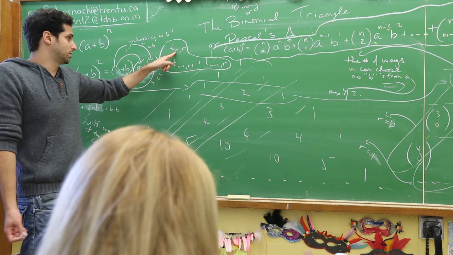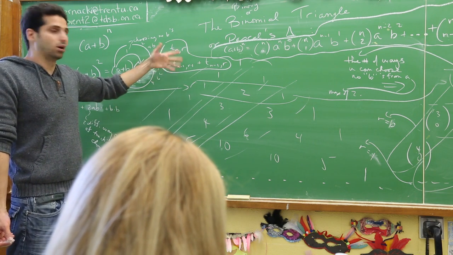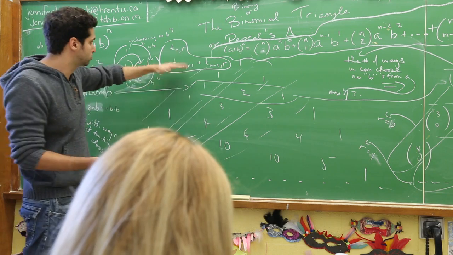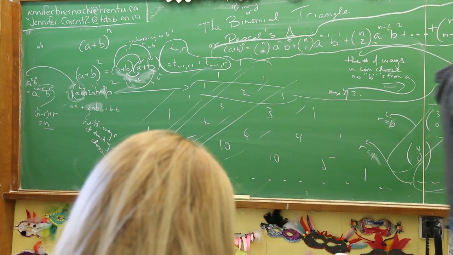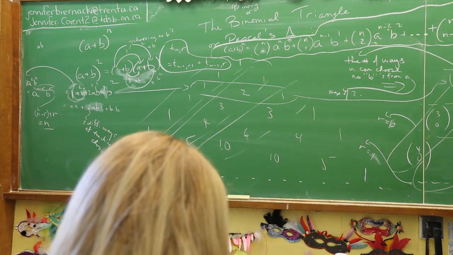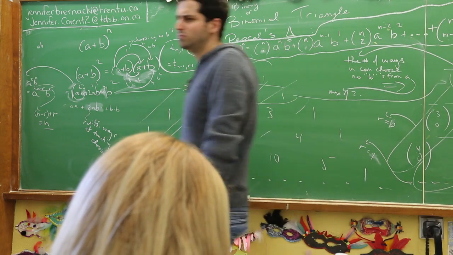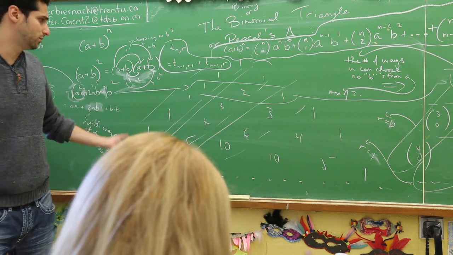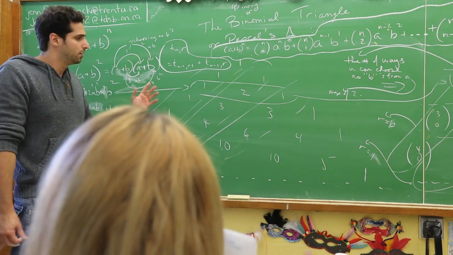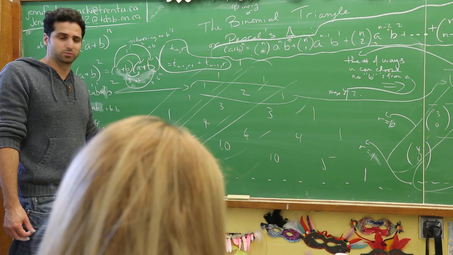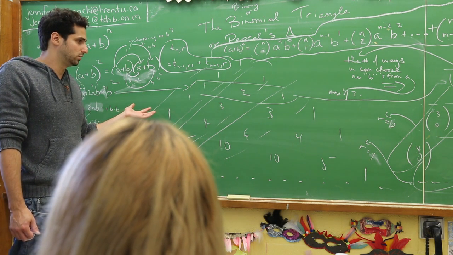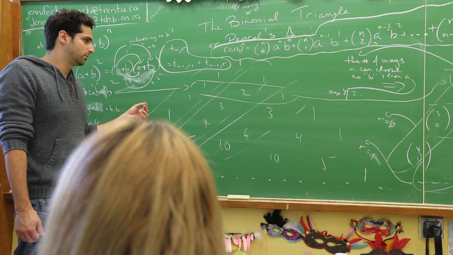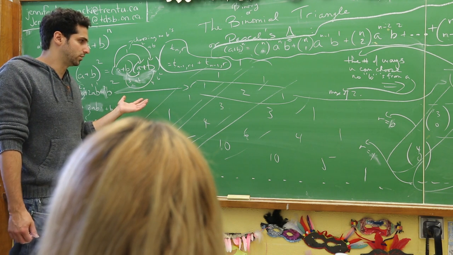Some people write it differently. Some write it as T(n plus 1, R). There are different ways you can do it, as long as relative to each other, everything works. That's one way you can write it. Do you guys see that? One of the things they're going to make you do is take advantage of pattern recognition in this triangle, because there are other patterns that exist in the triangle as well, and we'll see a lot of those.